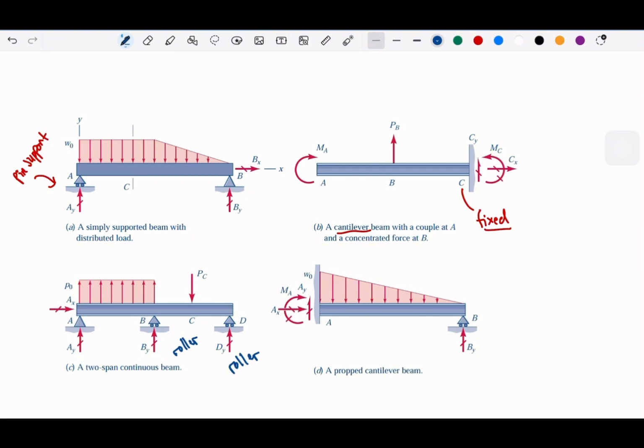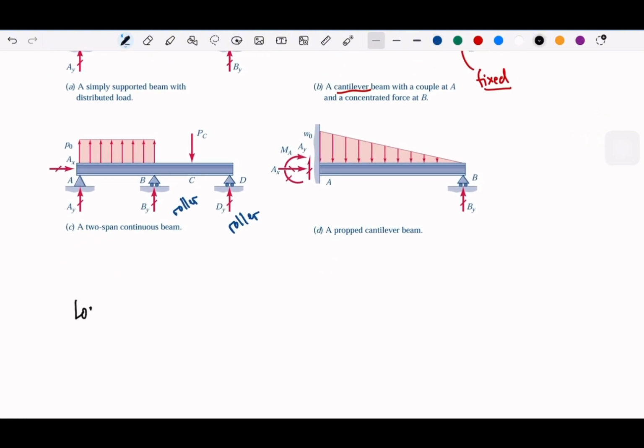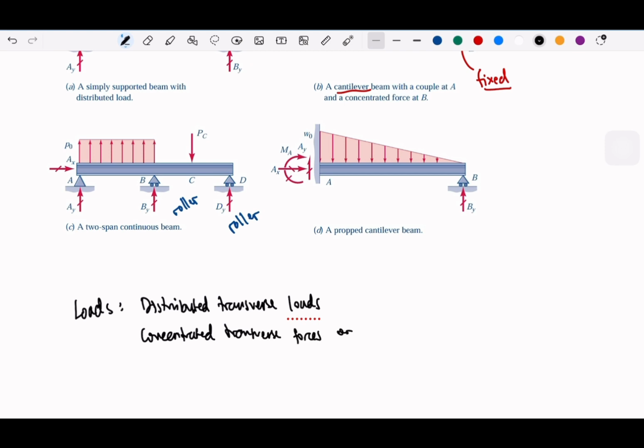And if we learn about beams, we learn about loads, and there are many loads. We have the distributed transverse loads, we have concentrated loads or transverse forces, or we have couples that we can illustrate with a moment.